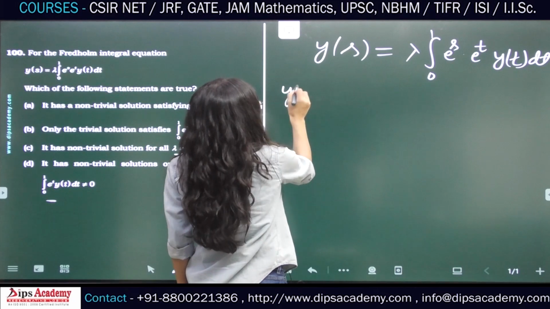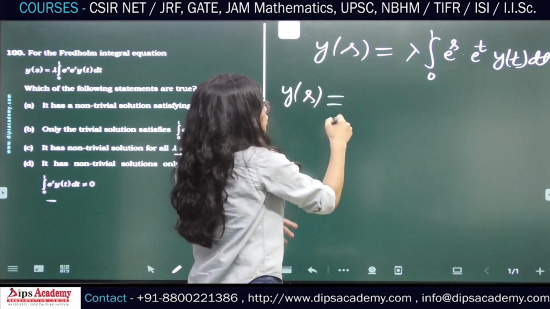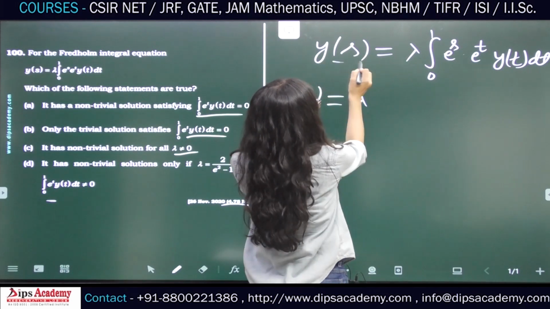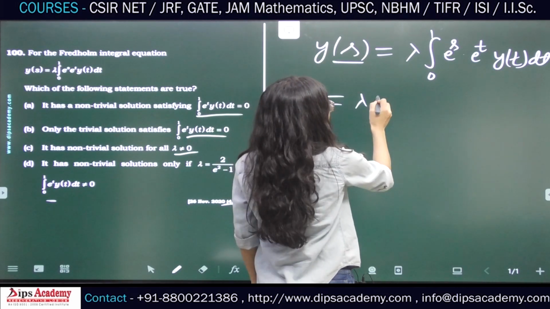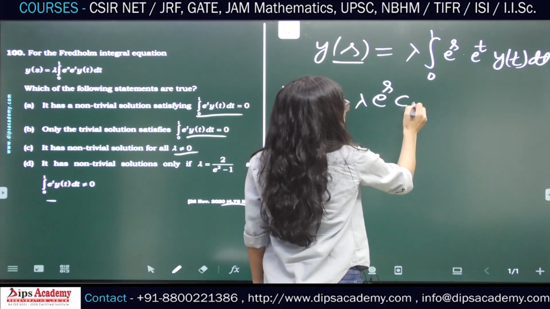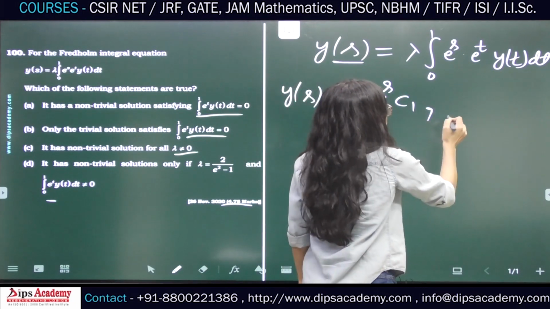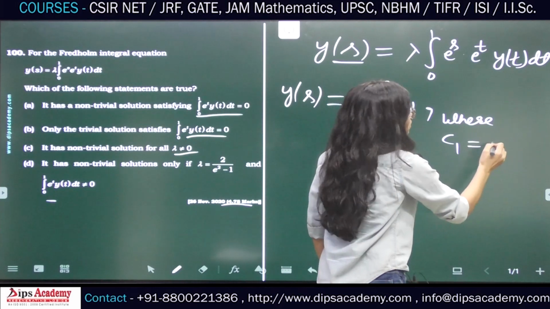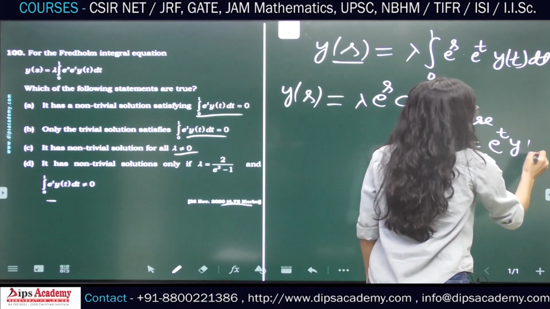In this method, the function of the variable s we take outside, and we put c1, an arbitrary constant, whose value is the integral from 0 to 1 of e power t y of t dt.